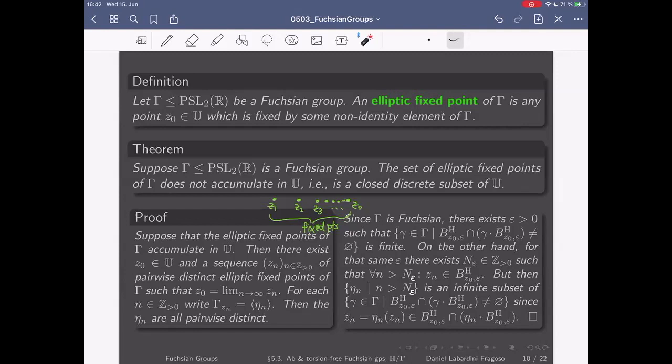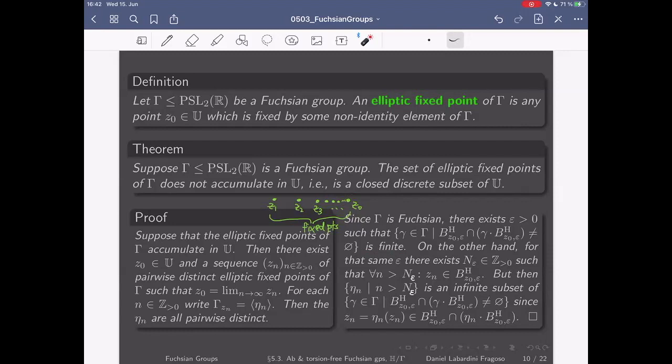Okay, and now we use the fact that gamma is a Fuchsian group. So for Z0, there exists some epsilon such that if we take the epsilon ball around Z0 and look at its translates under gamma, then it only intersects finitely many of its translates. So this set here is finite.